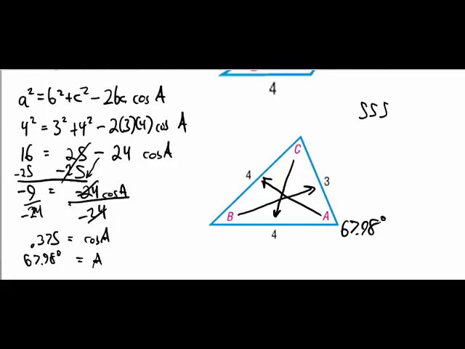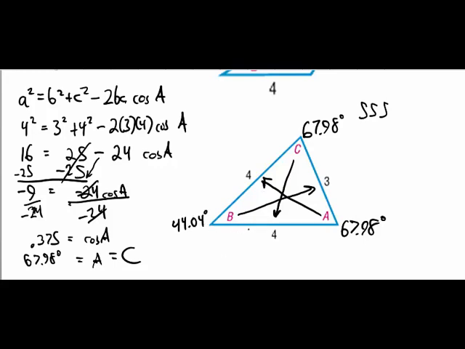If you tilt your head to the left, you can see that angle A and angle C are exactly the same. You can measure them, but we don't need measuring because the hinge theorem says that the sides correlate to the angles in the picture, and you can see that C is across from a 4, A is across from a 4, so C therefore must be the same angle measurement as A. Which also means we can now get to the end of the problem lickety-split, because we can now subtract these two from 180 degrees, which I've done and found that my angle B is 44.04.